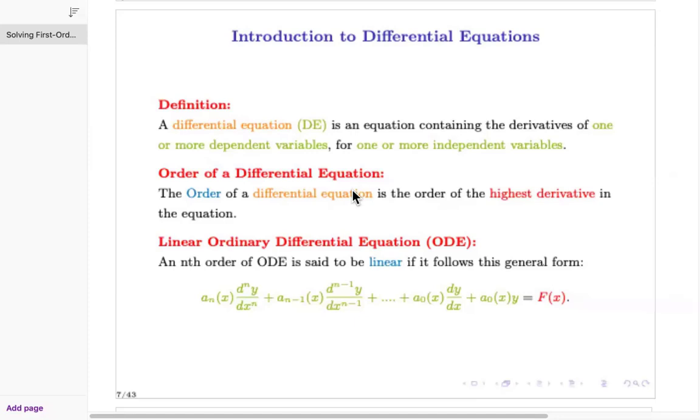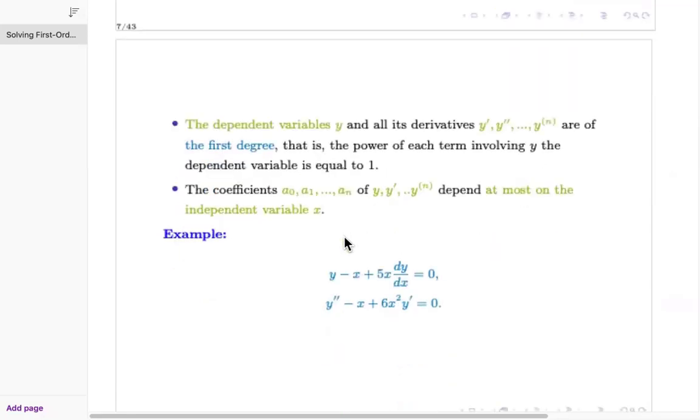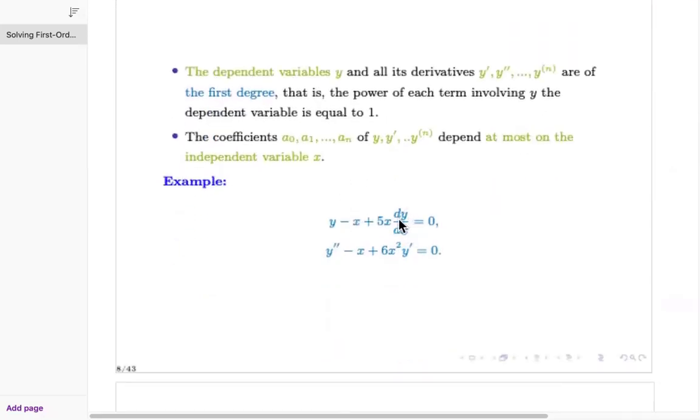One important characteristic of a differential equation is its order, which is determined by the highest derivative in the equation. For example, in this case, the highest derivative is the first, so the order of this equation is first. If the highest derivative of the equation is second, then the order of the equation is second.